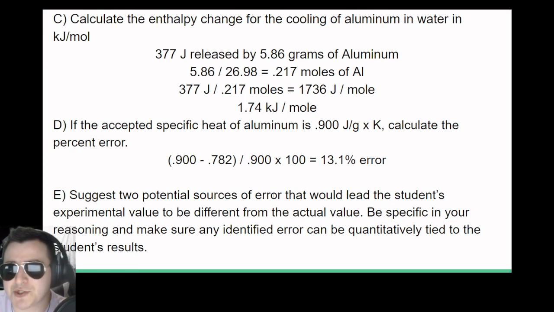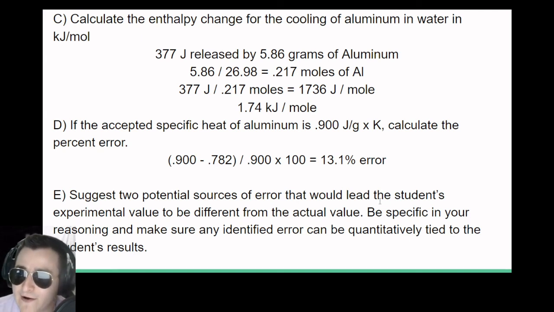Suggest 2 potential sources of error that would lead the student's experimental value to be different from the actual value. Just give 2 reasons. And these are pretty easy. Right? You're thinking about what you're doing. You're heating up your metal. You're dropping it in the cup of water that I'm sure is a top-of-the-line calorimeter and not a public-funded high school styrofoam coffee cup.